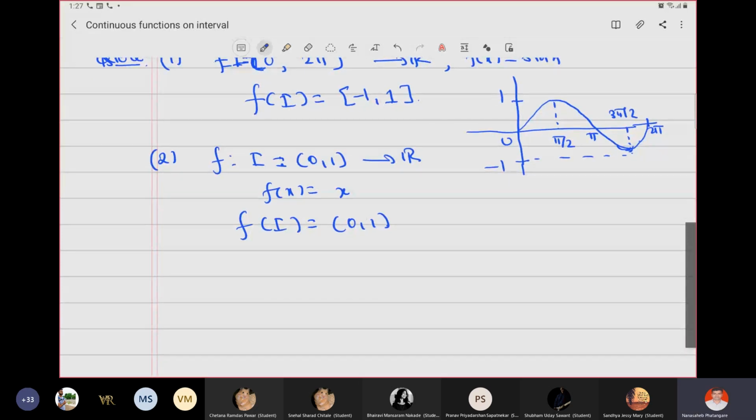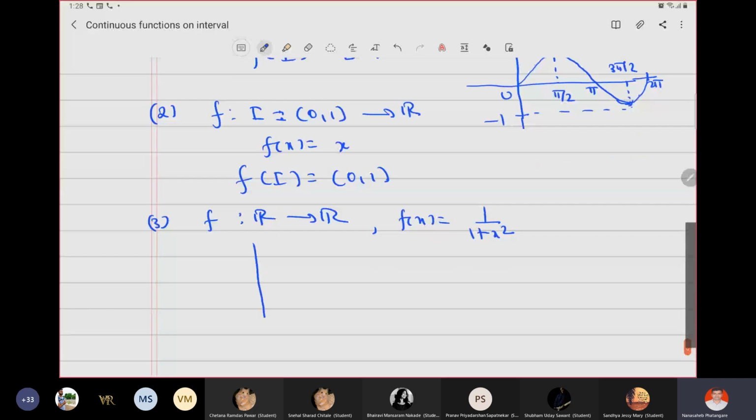That difference you should realize. Or look at another function, f from R to R, f of x is equal to 1 upon 1 plus x square. If you see the graph of this function, at 0 it is 1, and if we extend it to plus infinity and minus infinity, it goes towards 0. Now what is f of R?